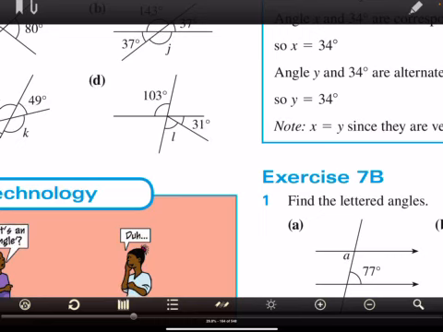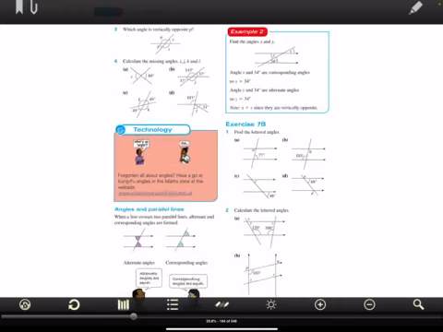A student said, well, teacher, you're doing something stupid. All right, I'm way smarter. If this is 103 and they're corresponding angles, this is also 103. Subtract 31 and you get to the answer. That's another way. Do not forget everything you're learning, because as we progress to the following chapters, you will need it.